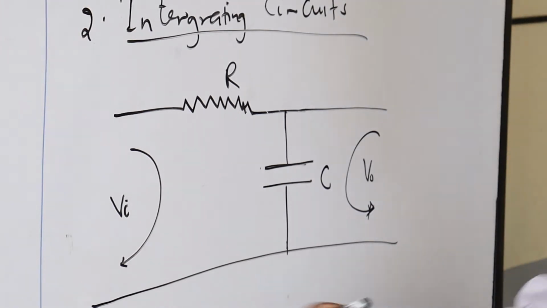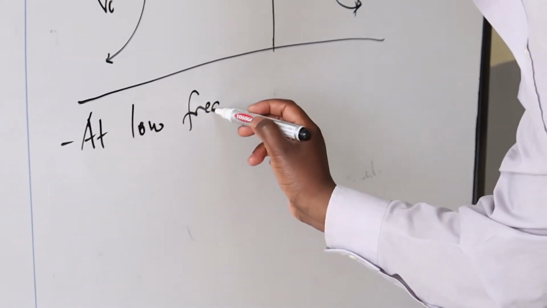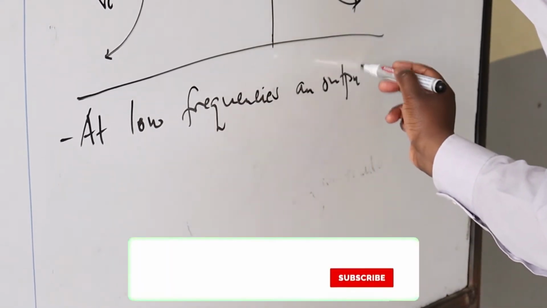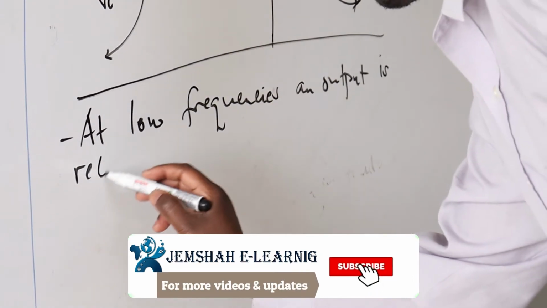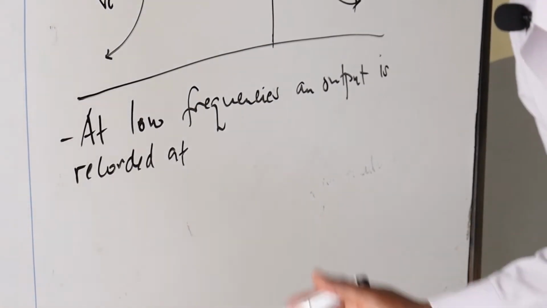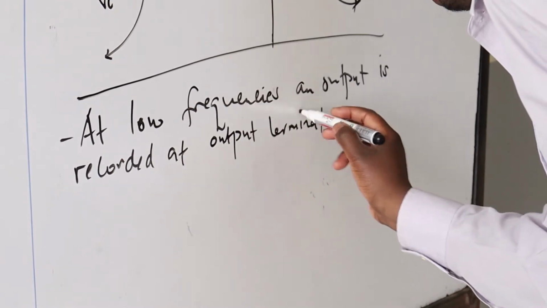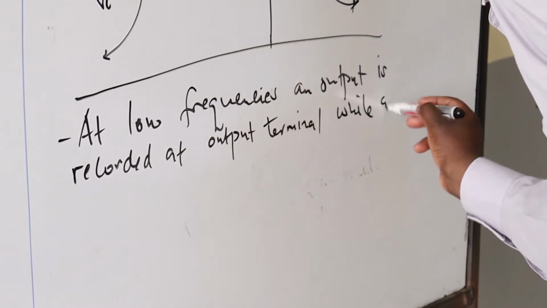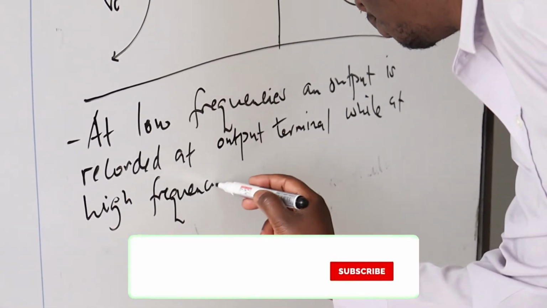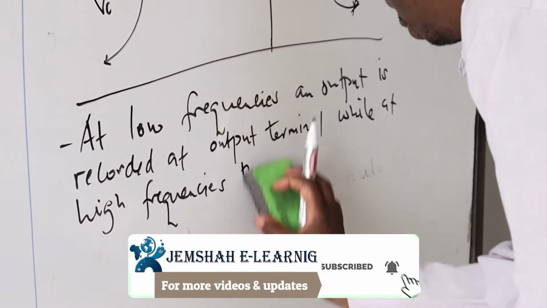So at low frequencies, an output is recorded at the output terminals, while at high frequencies, no output is recorded.